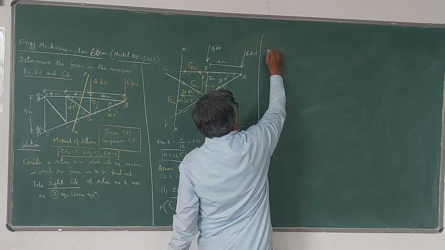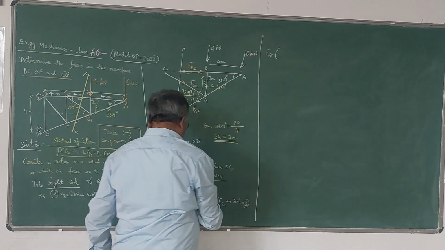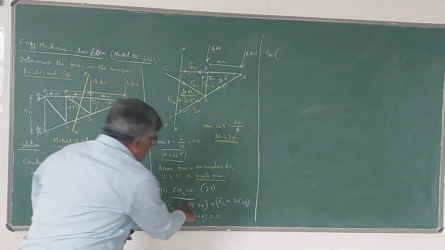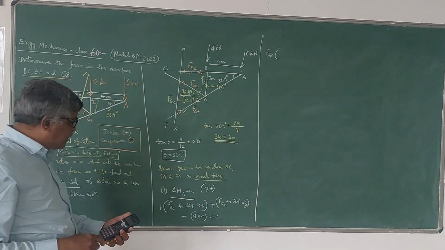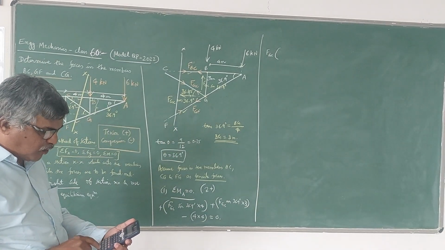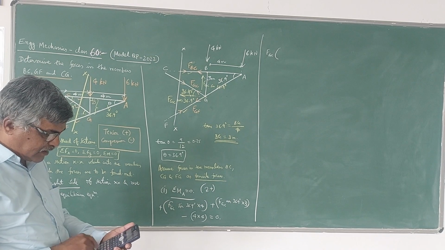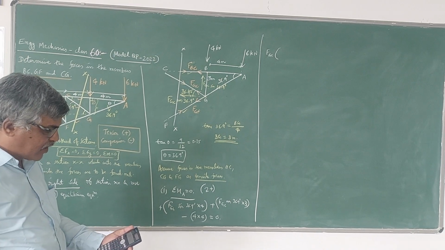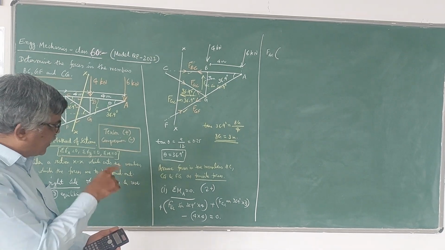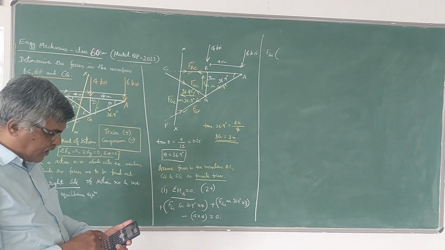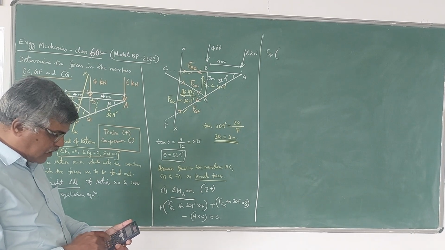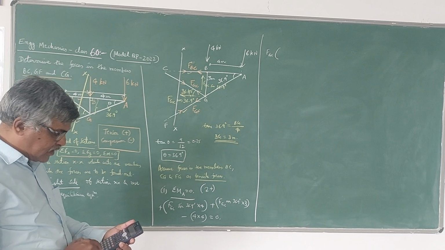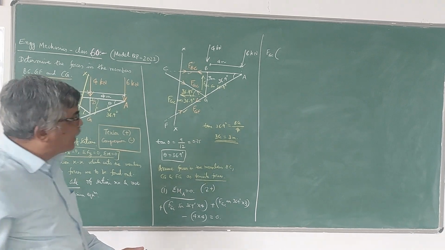So FGC into, so this is this plus this, 4 sin 36.9 degree. So 4 into sin 36.9, you will have some value, plus 3 into cos 36.9 degree, which is equal to 4.8.